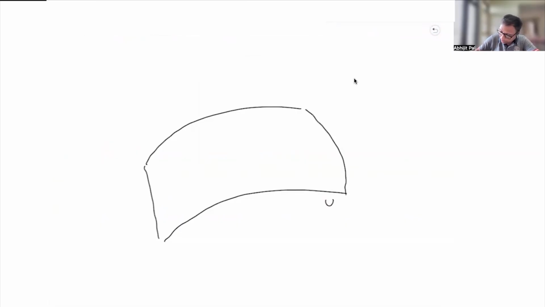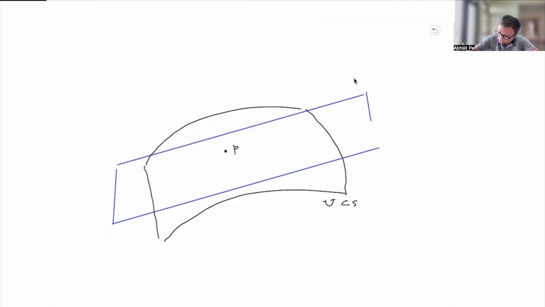Suppose this is my open set U in S, and I have this point P, and now you take the tangent plane at the point P. So this is my TpS, and suppose this is my curve alpha.